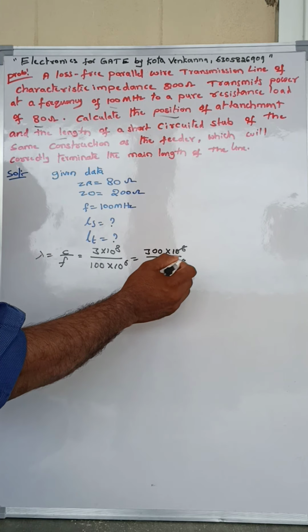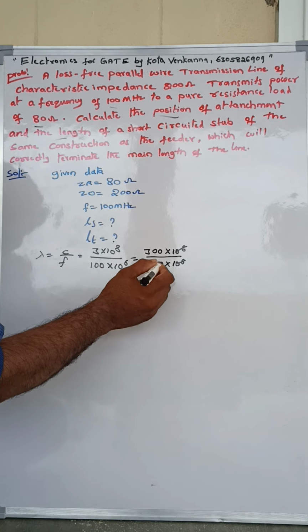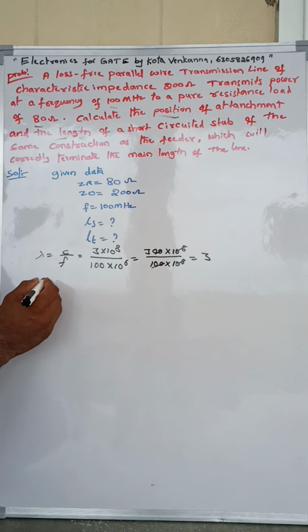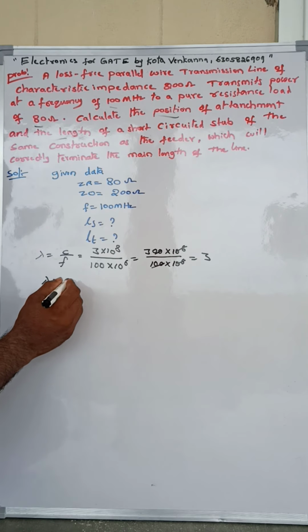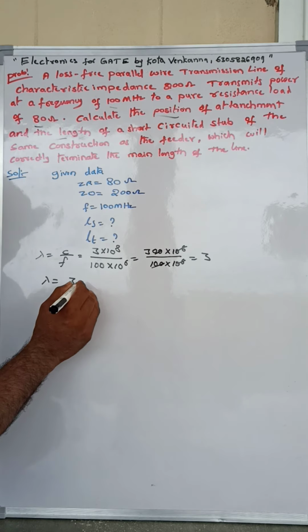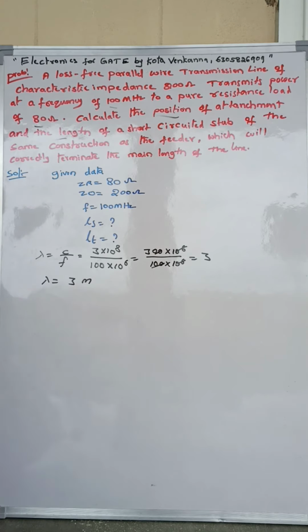The 10 power 6 cancels, the zeros cancel, and we get 3. Therefore lambda is equal to 3 meters.